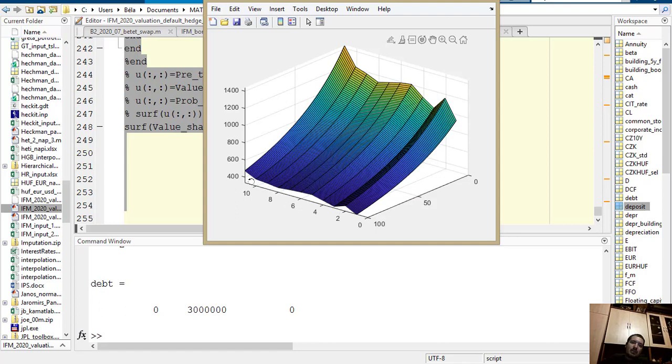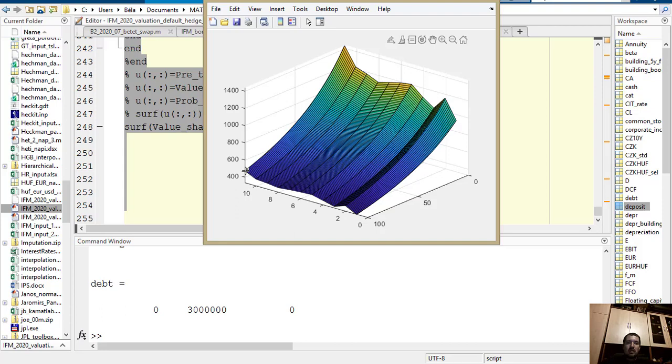So these are the years. So this is today here. And this is also the current interest rate without modification. And we can see that if interest rates would suddenly increase as a shock for the company, then what would happen?